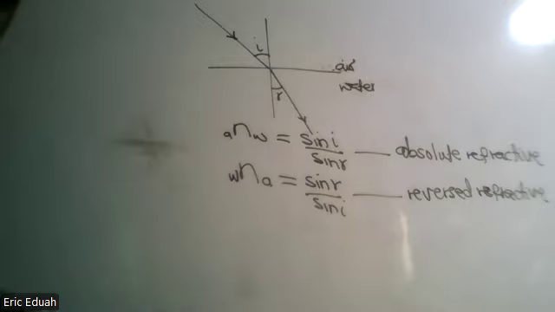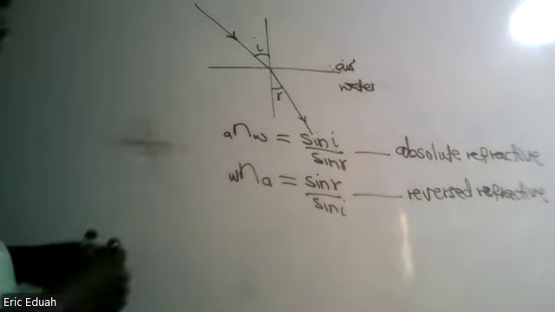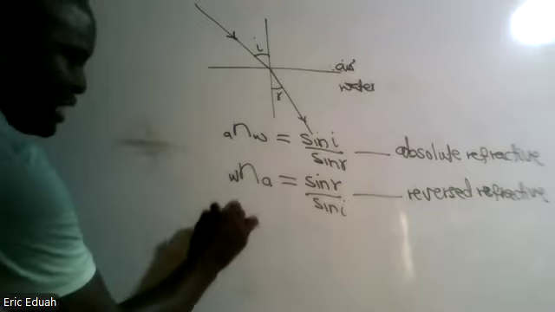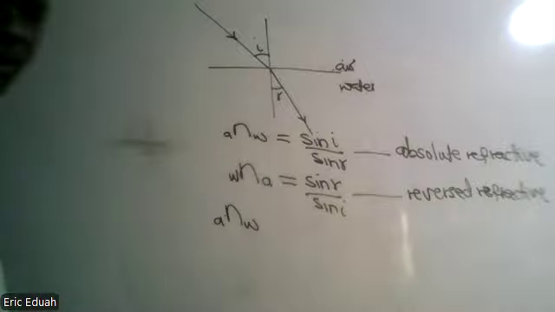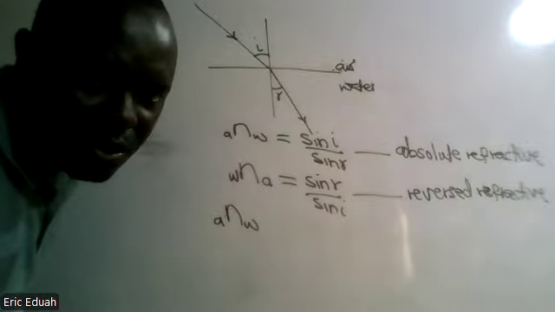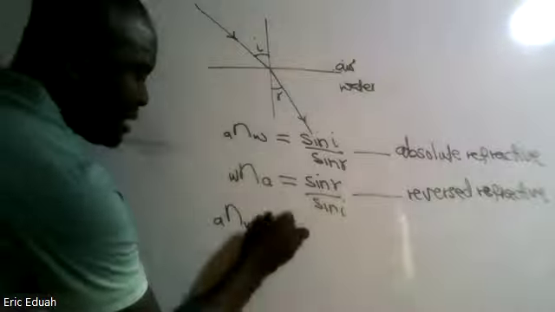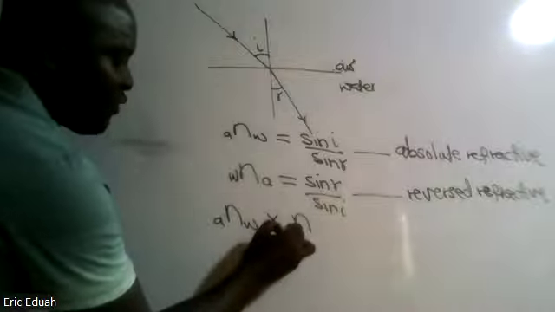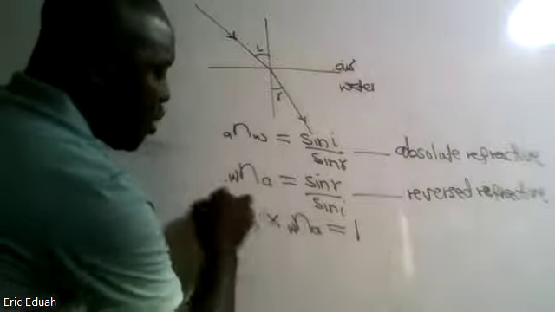Then the concept we developed was that the product of the absolute refractive index of a material, A to W, times the refractive index from water to air, is always equal to 1. Please, if you have a question, ask.